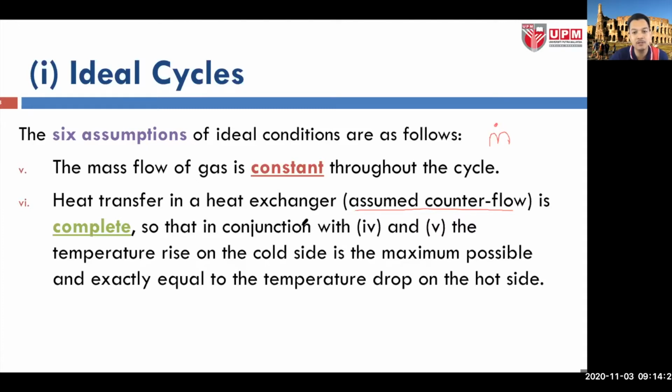So, in conjunction with assumptions number 4 and number 5 just now, the temperature rise on the cold side is the maximum possible. We want the amount of heat being transferred to be maximum, meaning that the cold side temperature rise is as large as possible and exactly equal to the temperature drop on the hot side. Imagine you have two sides, hot and cold.